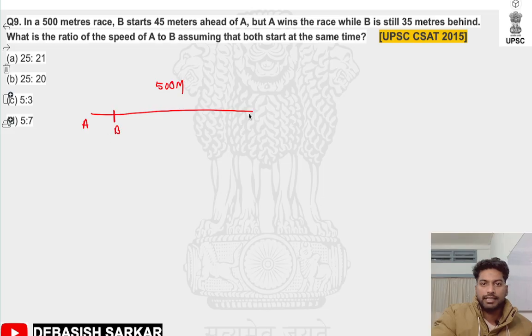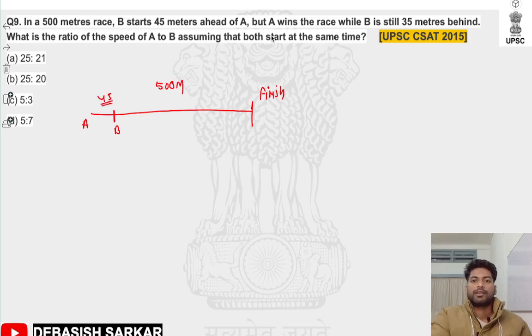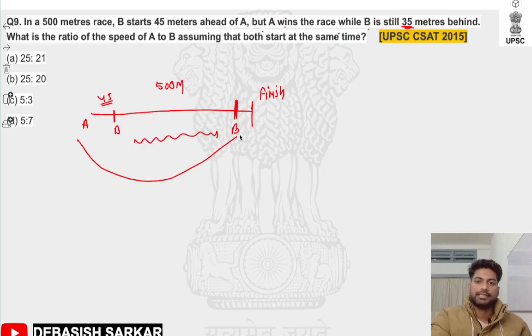So B is here and this is the finishing line. Finish. And this is 45 meters. Now tell me, after that, but A wins the race while B is still 35 meter behind. Suppose B is just here, B came here like this and A already reaches there.